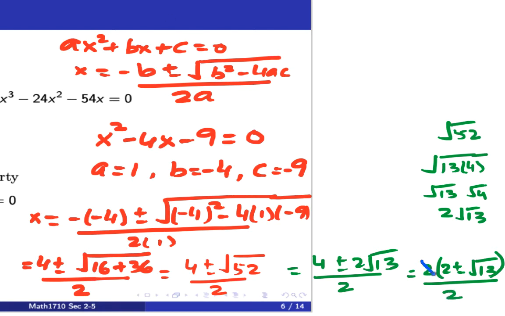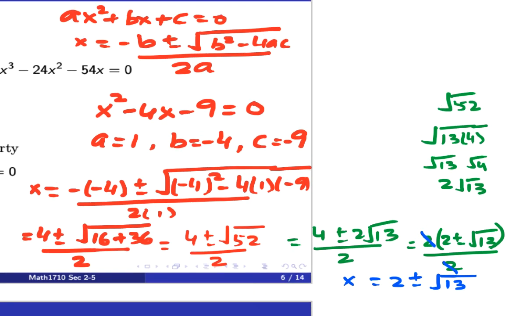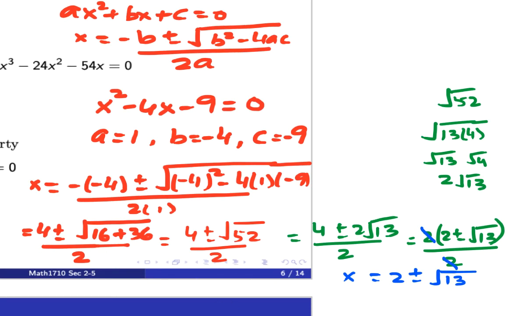Clearly, we can cancel the 2, and we are left with 2 plus or minus square root 13. So the solution to x squared minus 4x minus 9 equals 0 is x equals 2 plus or minus square root of 13. And let's go back and write it in the original problem.